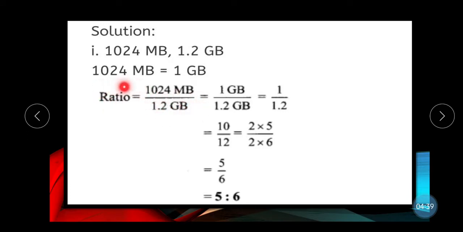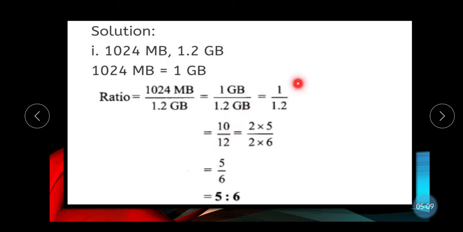So 1024 MB, that is megabyte, is equal to 1 gigabyte, that is GB. Therefore, ratio is equal to 1024 upon 1.2 GB is equal to 1 upon 1.2 GB. Both are converted into same unit. That is equal to 1 upon 1.2. Now as it is in decimal, we will make it in proper one.